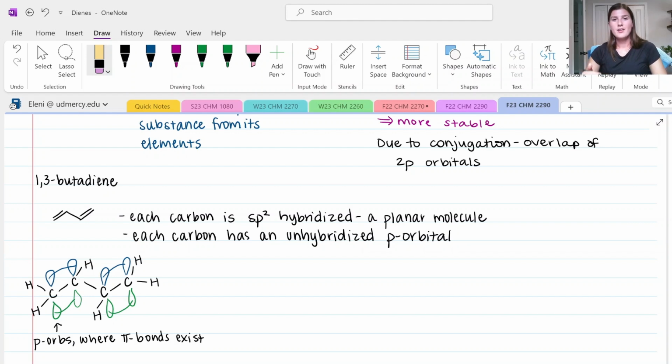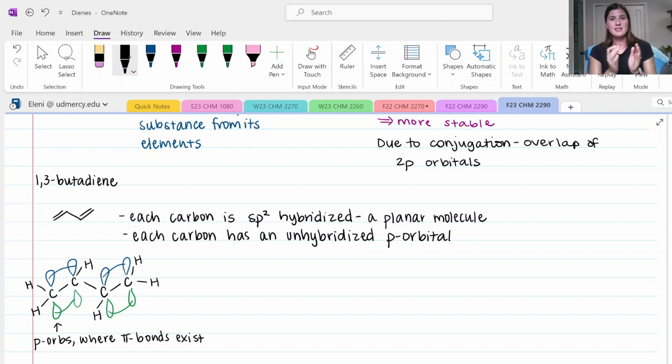When we draw this molecule in this way, we're drawing each individual p orbital for each atom that has an unhybridized p orbital. But in reality, these p orbitals are completely overlapping with each other. All of the blue lobes on top of the carbon chain overlap with each other, and all of the green lobes that we've drawn under the carbon chain overlap with each other as well.